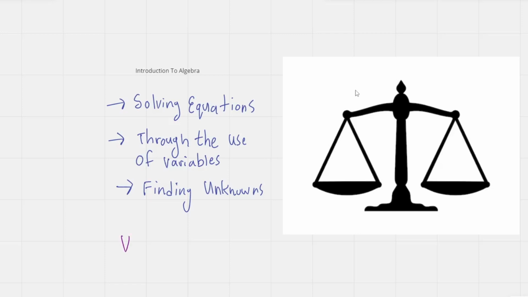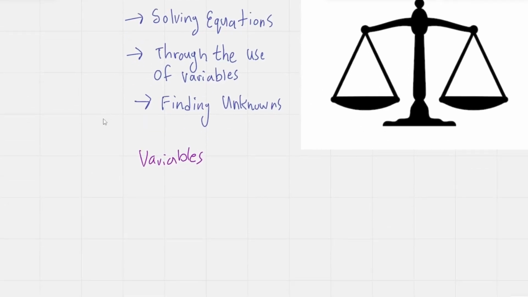Variables are just letters like X, A, N, B, D, anything. But for a lot of problems, X is used just because it's mathematically always good to use X, right? All right.